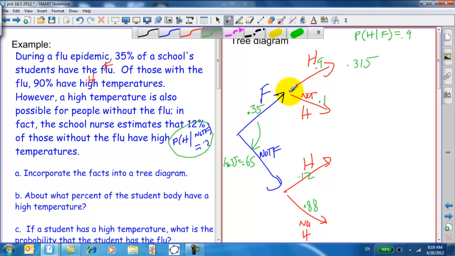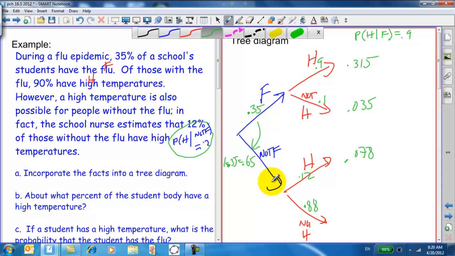Now somebody who gets the flu but does not have a high temperature, that's 0.35 times 0.1. That works out to be 0.035. Notice how these add up to 0.35, because that's the flu people. Now the non-flu people, 0.65 times 0.12, and you get 0.078.